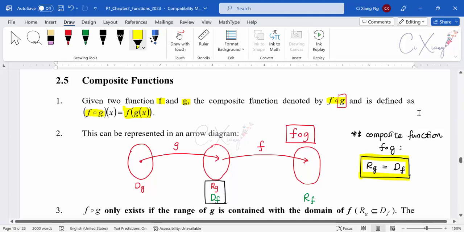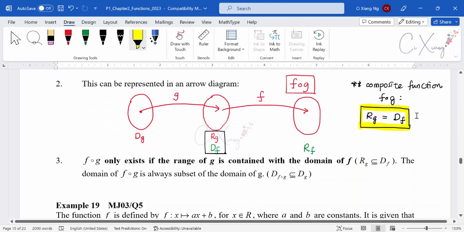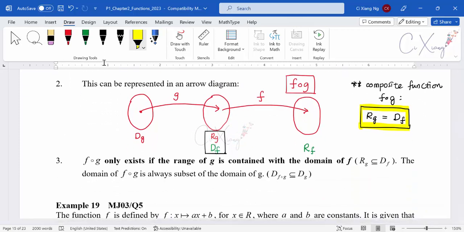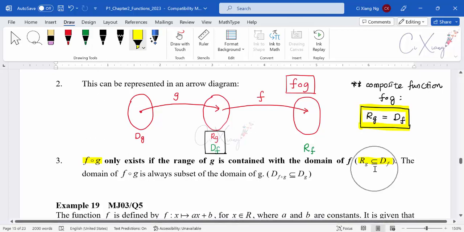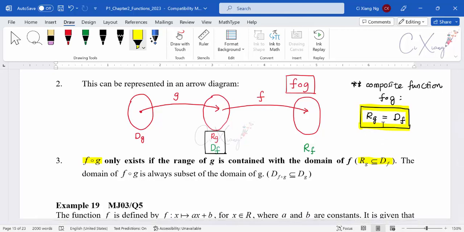A simple definition: f composite g only exists if the range of g is contained within the domain of f. This is what I mentioned earlier. The range of g should be equal to or a smaller set of the domain of f, but when we solve questions related to this concept, we usually use the equal sign so that we can solve it further.